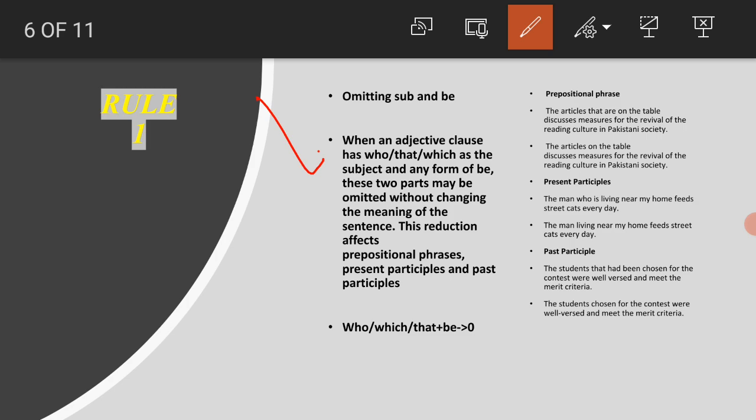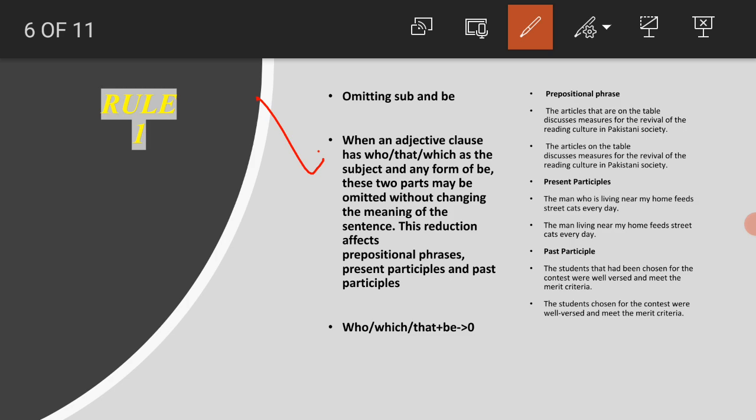Now we know that an adjective clause always begins with a relative pronoun, and who, that, and which can take subject position. So the first rule says that if who, that, or which is in subject position and is followed by a be verb, then you can reduce them.